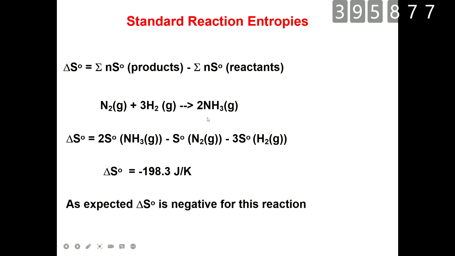For example, for this reaction, its standard reaction entropy is equal to the products' entropies minus the reactants' entropies. We can get each substance's entropy from books, and then finally we get the numbers like this.